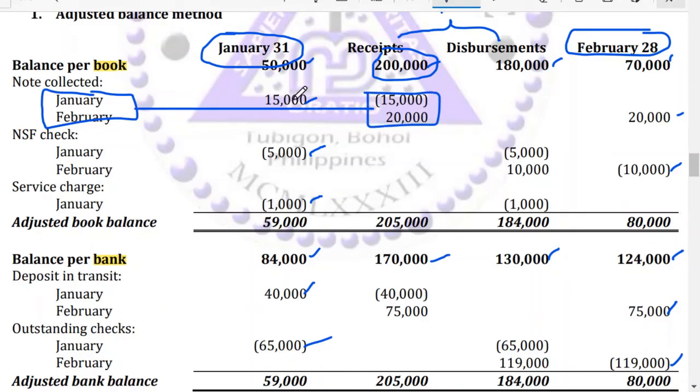Sunod, kung tapad na sila, ang usa gyud na positive, ang usa kay negative. Since sure man ta ani nga i-add ni siya, kay add man jud ni siya. So since nagtapad sila diri, dapat kani negative. Okay? Again, kaning note collected, ani gyud siya sa column sa receipts. Kay collection man na, so receipts na siya. Kung nagtapad na sila, ang usa negative, ang usa positive. So since sure man ta ani nga positive man gyud ni siya kanang note collected, so this one would be negative. How about this, ma'am?